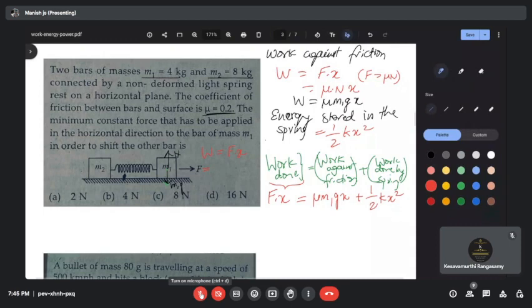Therefore, I'm writing the equation for bar m2. As it begins to move, the force due to the spring, the applied force, is going to balance the force of friction by which it is going to move.